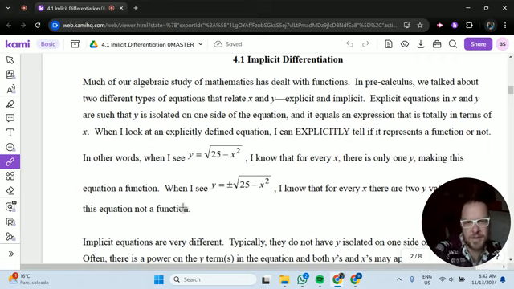So far, most of what we've done has honestly been a lot of algebra, right? And we've usually looked at it very explicitly. When we have x and y, and we can isolate y, then we can explicitly tell whether or not something is a function because of the vertical line test, which is something you've done before.